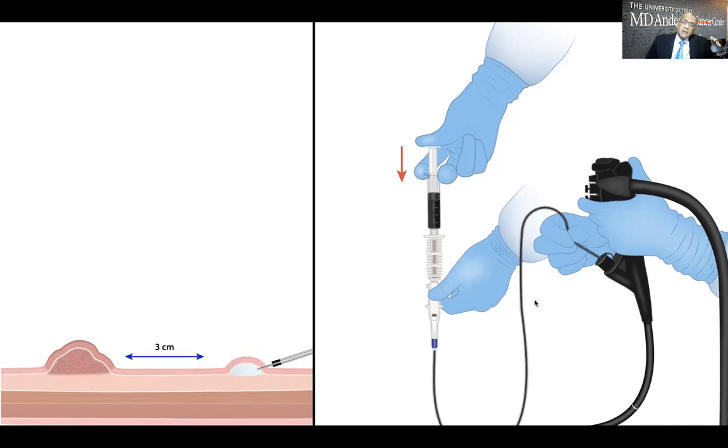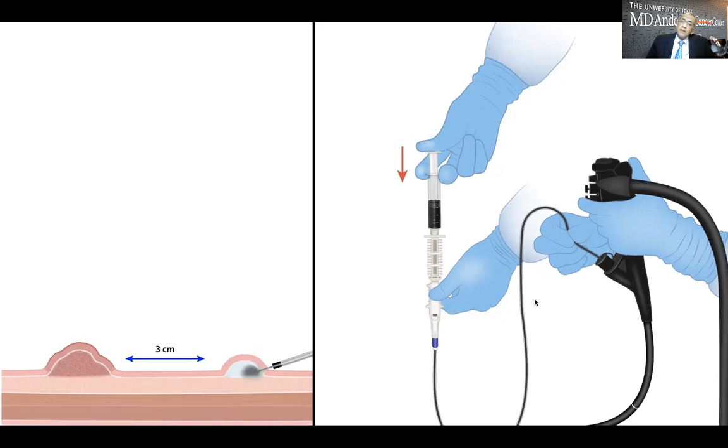And then you puncture about 3 centimeters distal to the lesion in the same plane as the lesion. And then once you create a saline bleb, you inject and fill that saline bleb with tattoo. And that way you have the tattoo going into the submucosal plane without going into the peritoneal cavity.